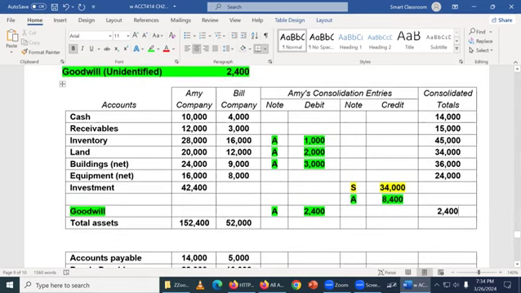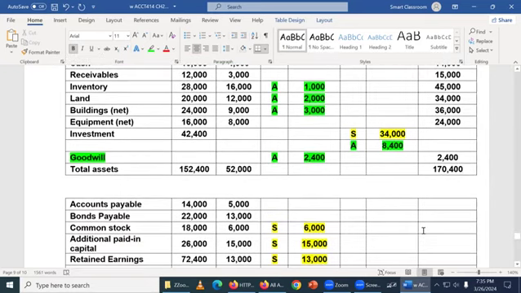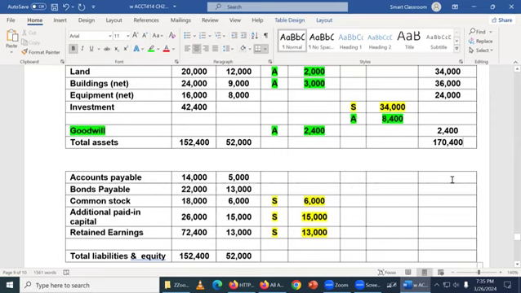Goodwill. $170,400. Yes, it's correct. That's correct. Okay. Yeah, thank you.